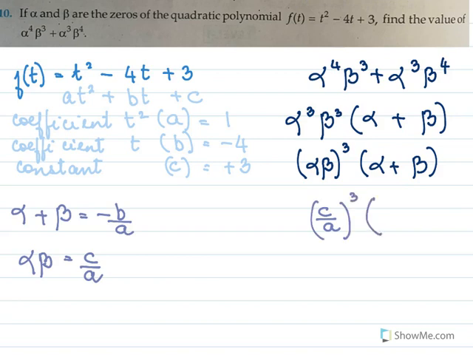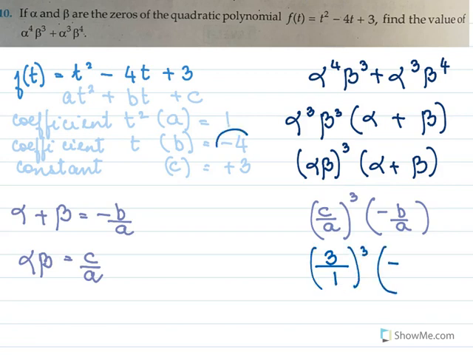So this is cube. Alpha plus beta is minus b by a. Now let's go ahead and put the values. We know c is 3, so this is 3. A is 1, so we put 1 cube.